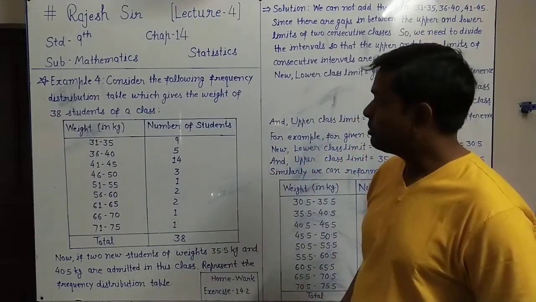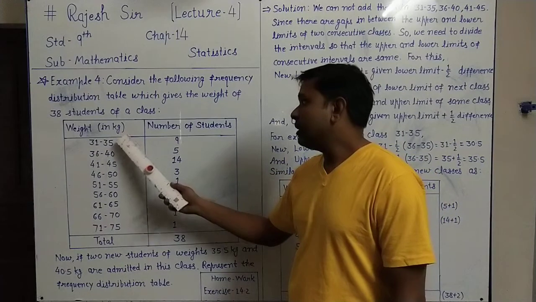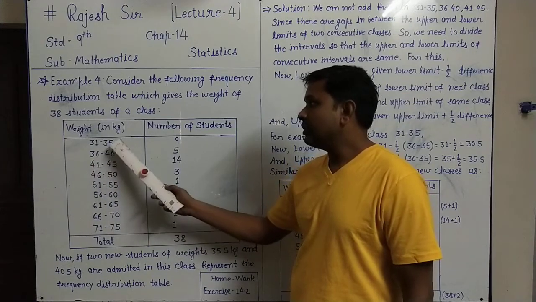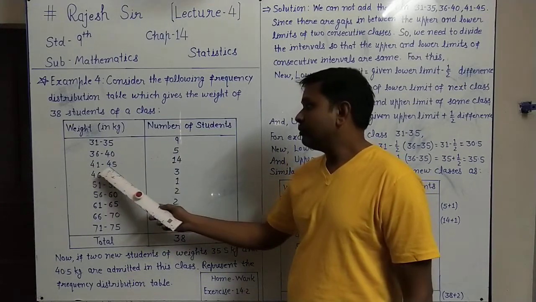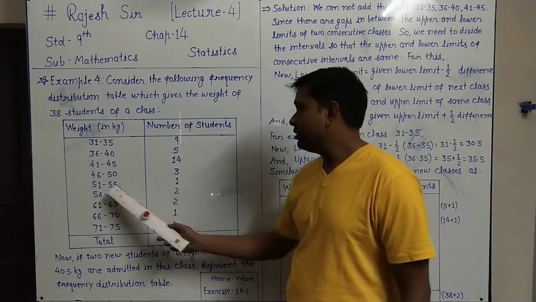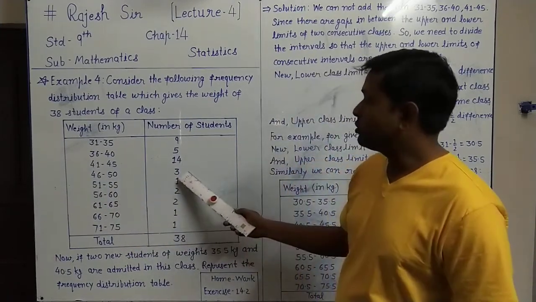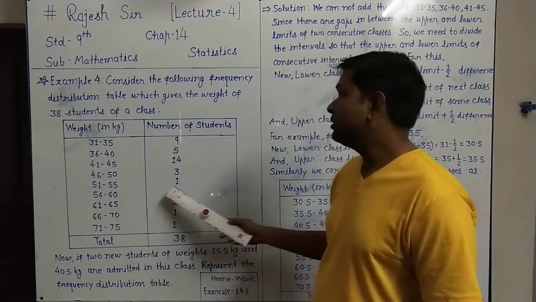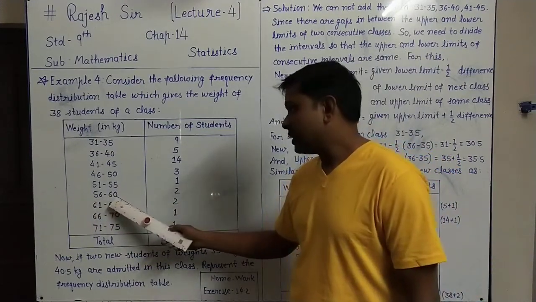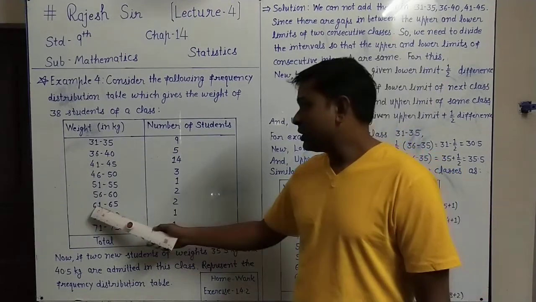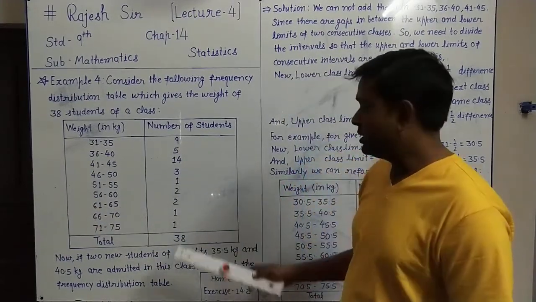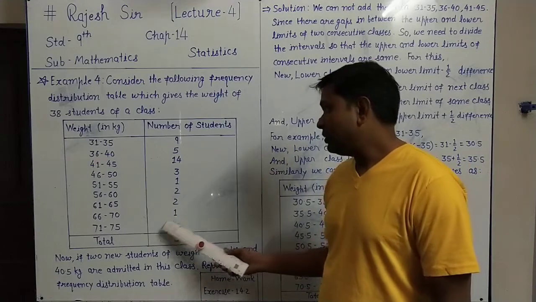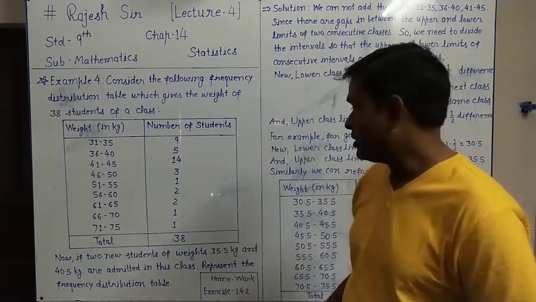Weight in kilogram is given: 31 to 35, number of students 9. 36 to 40 kilograms, 5 students. 41 to 45 kilograms, 14 students, and 46 to 50 kilograms, 3 students. 51 to 55 kilograms, 1 student. 56 to 60 kilograms, 2 students. 61 to 65 kilograms, 2 students. 66 to 70, 1 student, and 71 to 75 kilograms, 1 student.